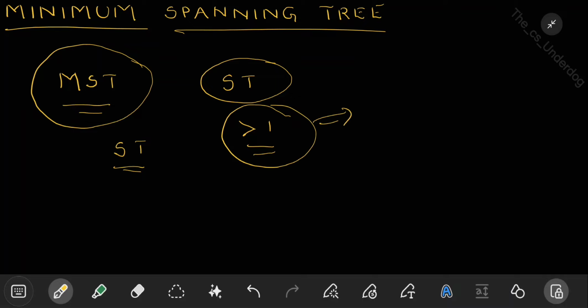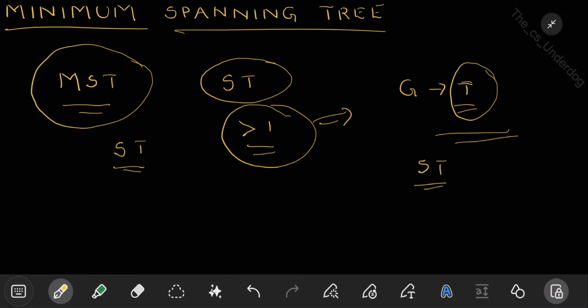What was the condition? The condition was that if your graph itself is a tree, then your spanning tree is unique because if you remove any edge from this tree, then that tree will be disconnected, which means you cannot remove anything from this tree. That means the tree you are having, that itself is the spanning tree.